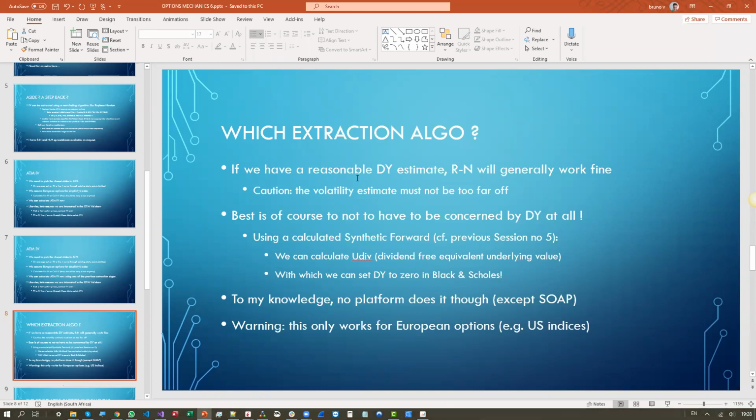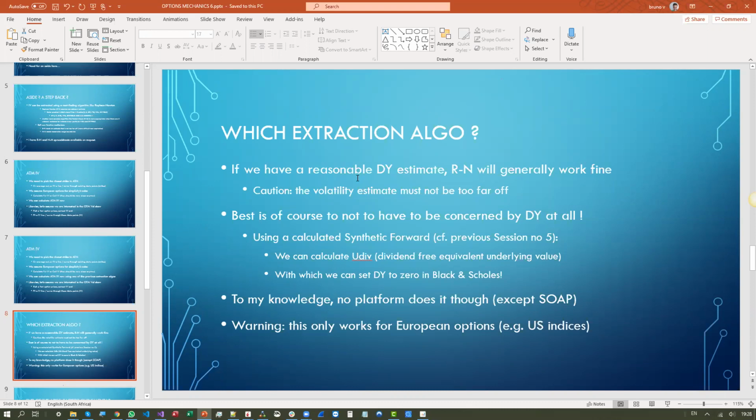So basically for our European options, I do calculate the synthetic forward. It's done automatically. You don't have to worry about it. It calculates the UDIV. So I believe I get, at least for European options like SPX options, Russell options, NDX options, a much better pricing than other platforms.